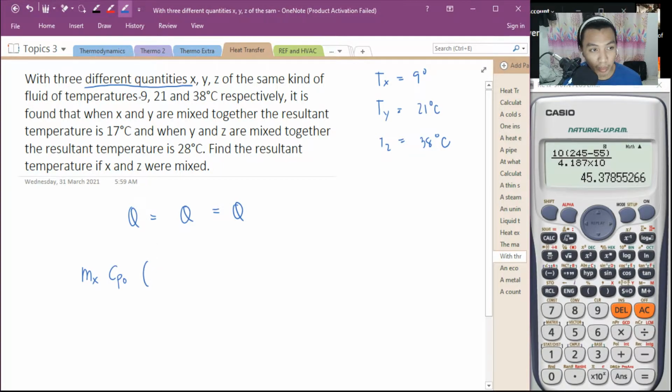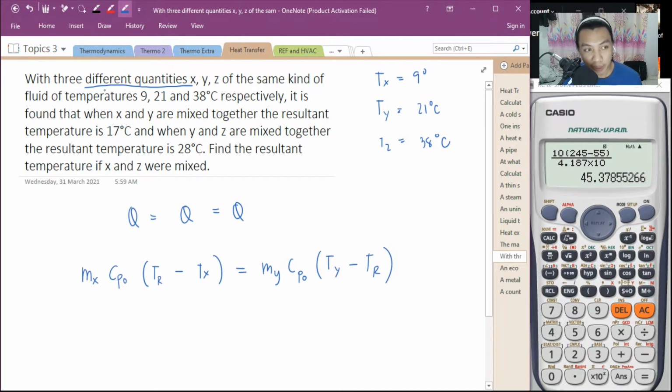Tapos, itong X, yung pinakamababa, then the resultant temperature, TR, minus yung temperature ni X, equal sa yung kabilang fluid, ibang quantity, MY CPO, tapos TY minus, syempre, mas mainit to, TR.